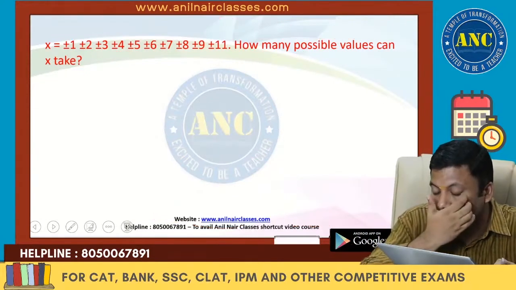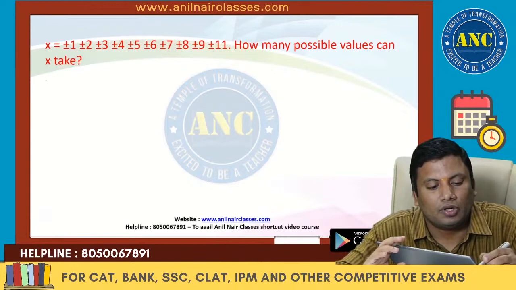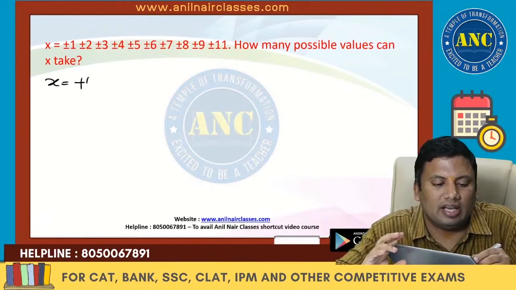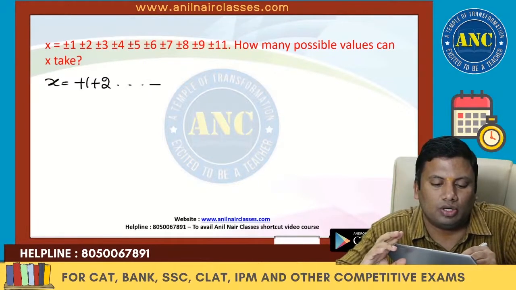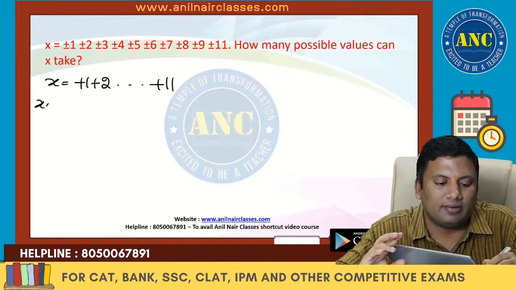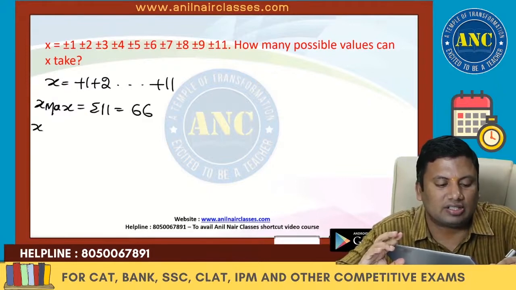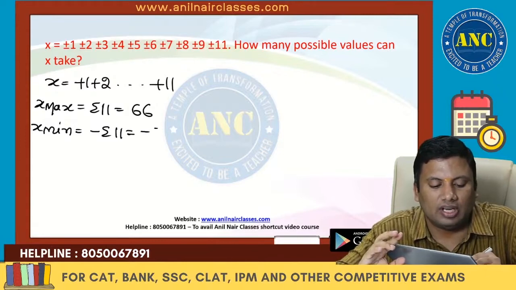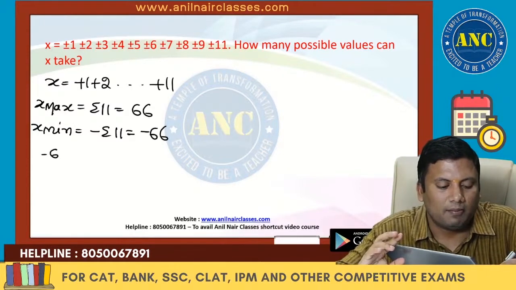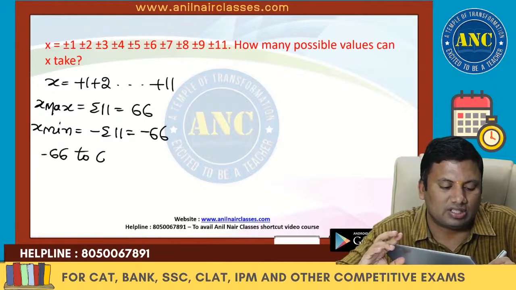Next one, it is ending with 11. So x is plus 1 plus 2 till plus 11. X maximum, which is summation 11, is 66. X minimum is minus summation 11, which is minus 66. Minus 66 to 66.